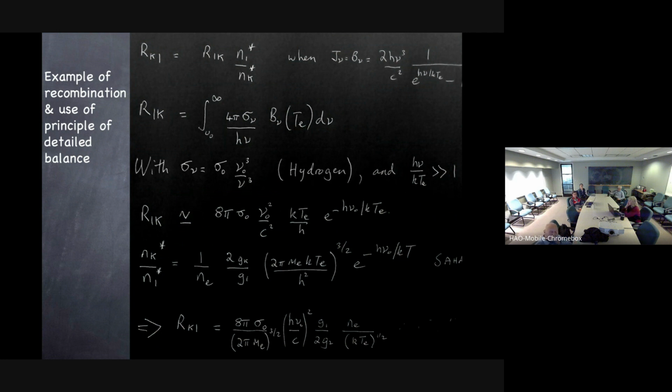And this assumes equilibrium, as I said, the principle of detailed balance. And you end up with something in which you integrate over all the frequencies in the photoionization, and when you integrate that out, the only thing you can end up with is a function of some thermodynamics.